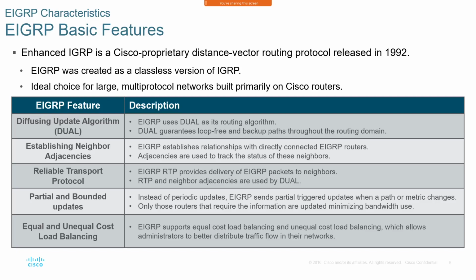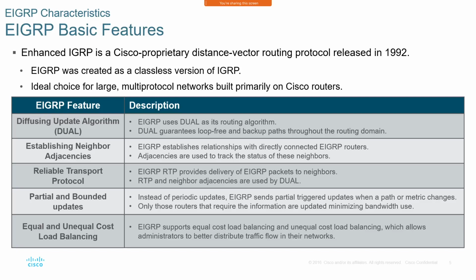Now, EIGRP is slightly different in the sense that EIGRP does not send periodic updates. EIGRP will just send an update message to another router once something is detected. So once a new network is added, or once a network cannot be reached anymore, that's when an EIGRP router will send an update to another router.